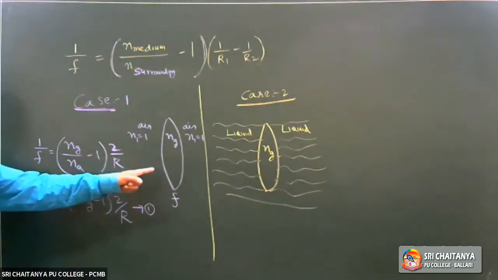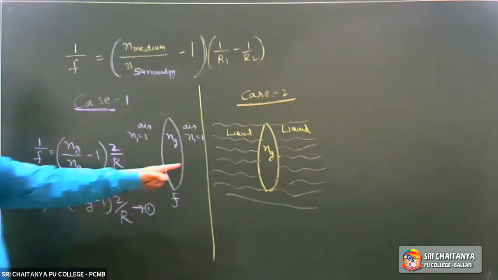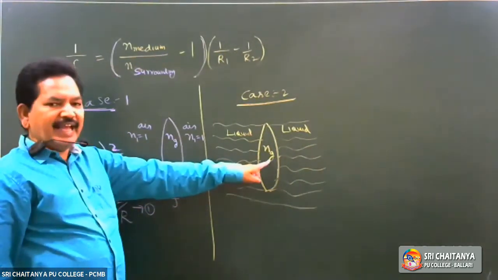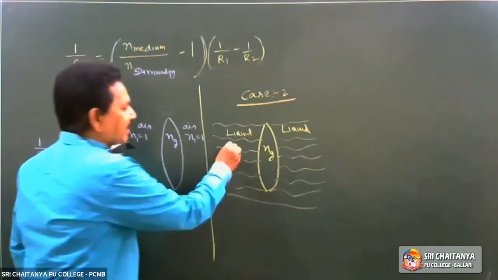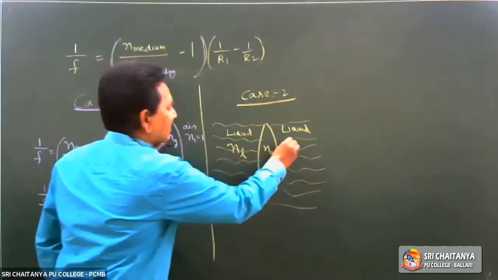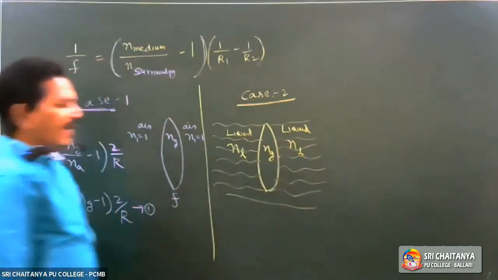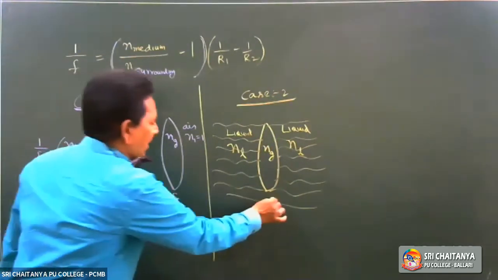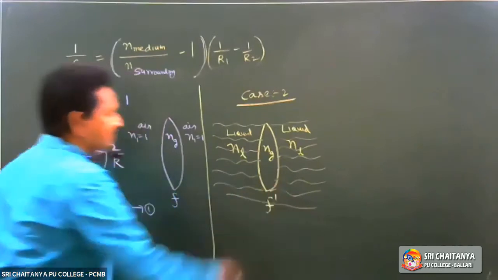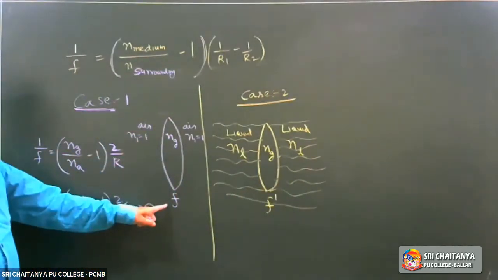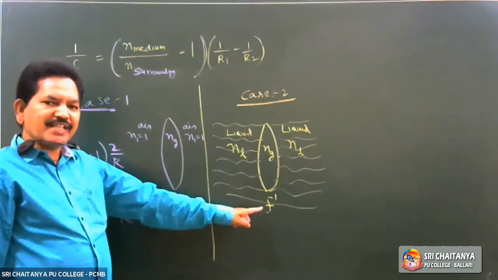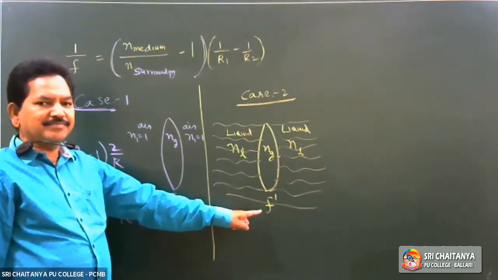The same convex lens is dipped inside a liquid. Refractive index of glass, Ng. Refractive index of liquid, NL. Imagine on either side of the lens, liquid is present. Now we want to find out the focal length, f dash. F is the focal length in air. F dash is the focal length of the same lens in a liquid.